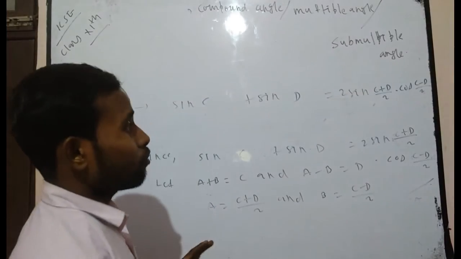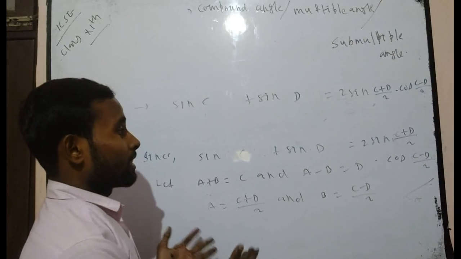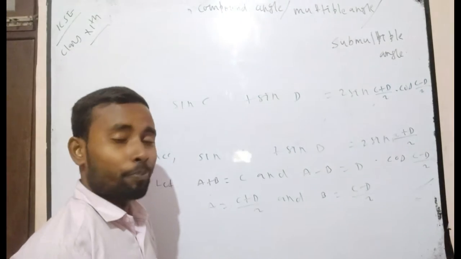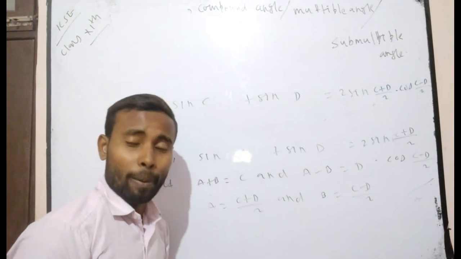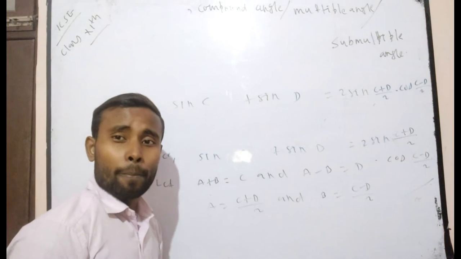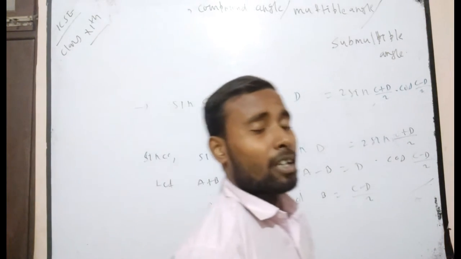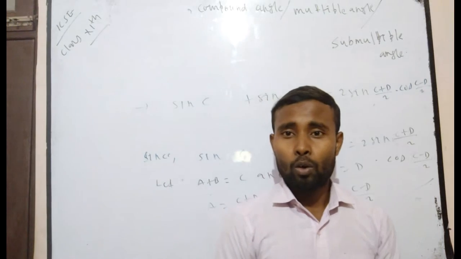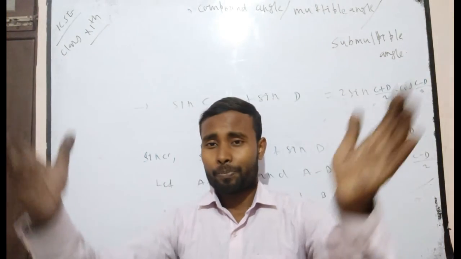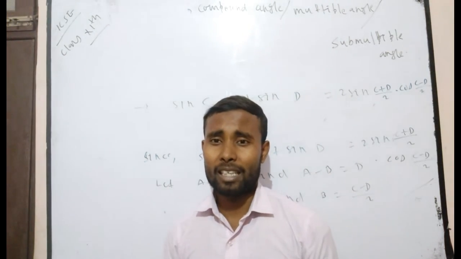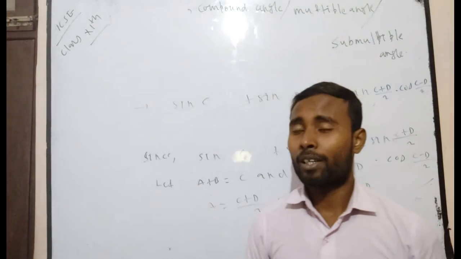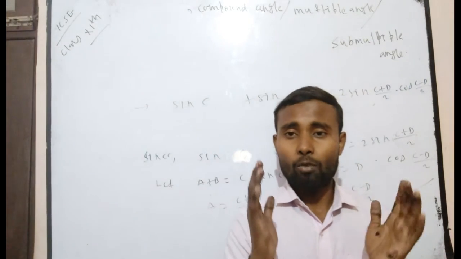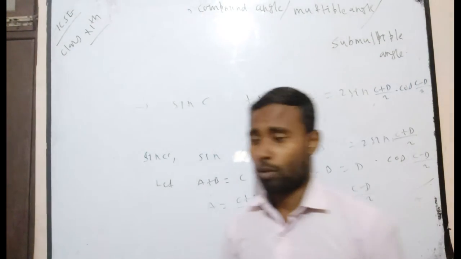After it, you can solve all basic problems, for example, prove that tan (45 plus A) is equal to (1 plus tan A) divided by (1 minus tan A). It is very simple, because in a similar way you can prove it using simple formulas. But I will take only those problems which are good.